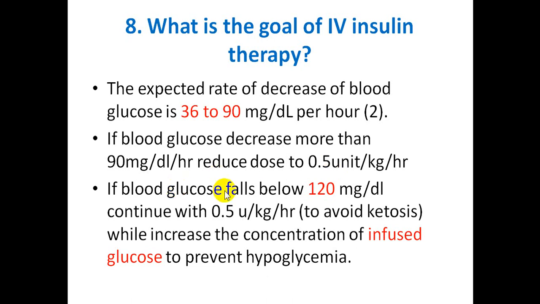If blood glucose falls below 120 mg per deciliter, in this case we can continue with the lowest dose of insulin, which is 0.005 unit per kg per hour, to avoid ketosis, while increasing the concentration of infused glucose to prevent hypoglycemia. Increase from 5, for example, to 10 and even to 12.5%.